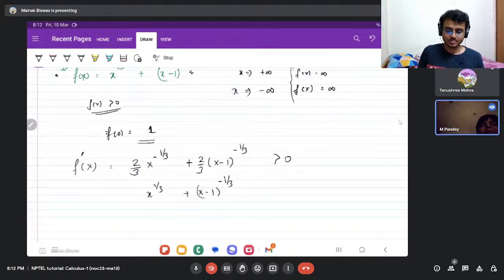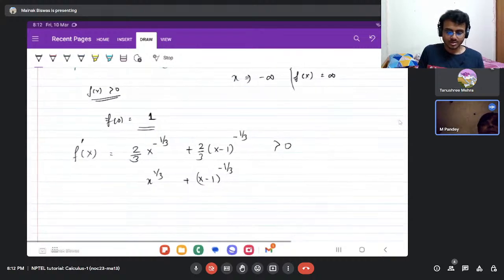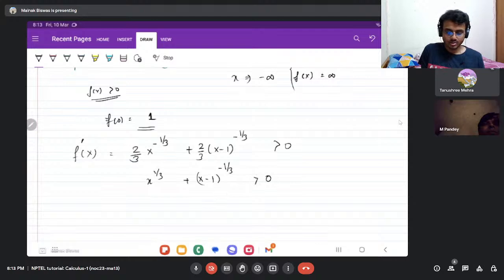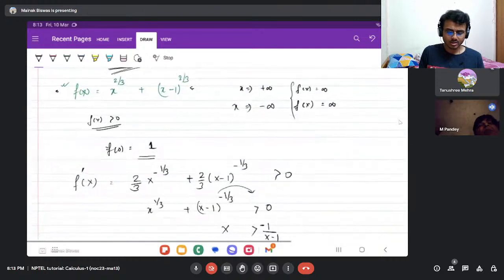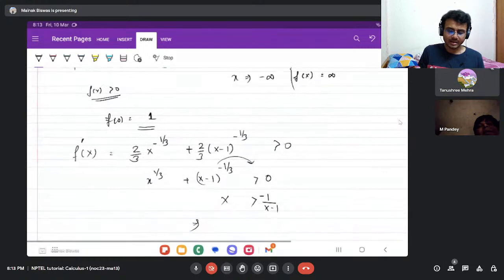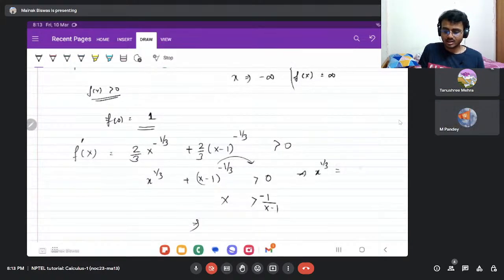Sir, minus 1 by 3. So if I take cube, 1 by x minus 1 would be greater than 1 by x, taking this to the right side and cubing. Here it will be x to the power minus 1 by 3, that's why I cubed both sides. x to the power 1 by 3 greater than 1 by x to the power 1 by 3.